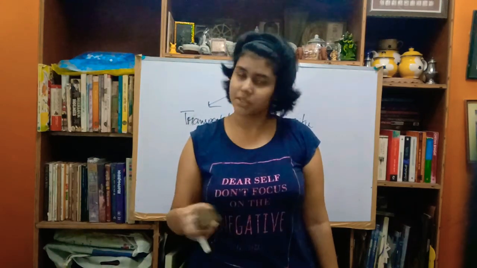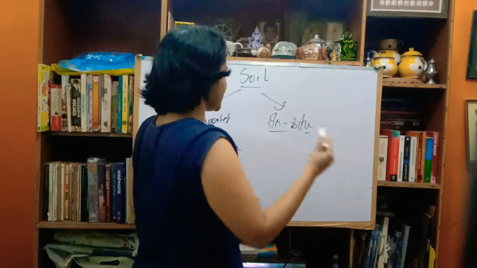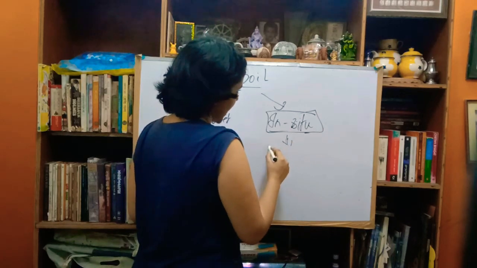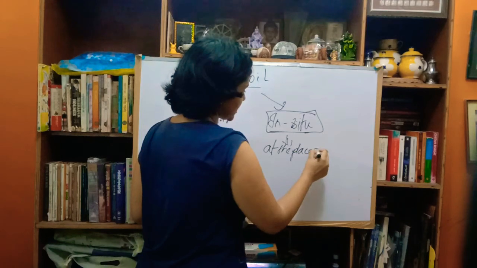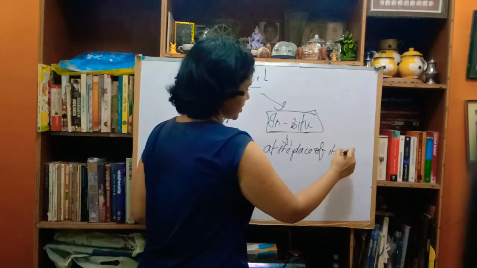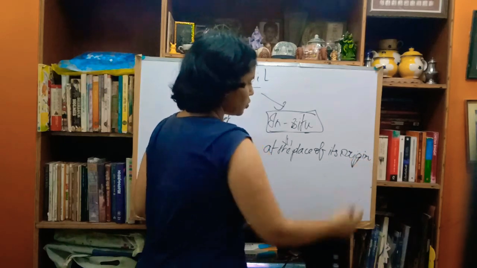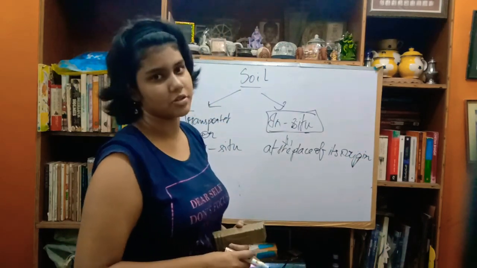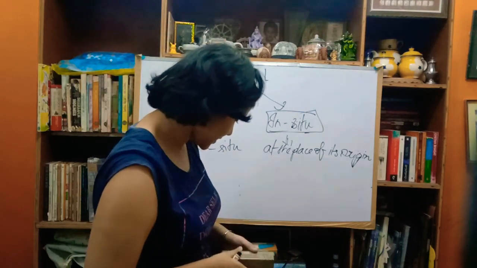Those lava rocks were there in the Deccan Tract only. So, it's in situ soil. That is a type of soil which is formed at the place of its origin. Wherever the parent rock originates, that's where the soil forms. This is basically the division.